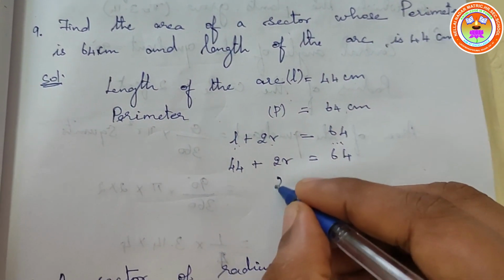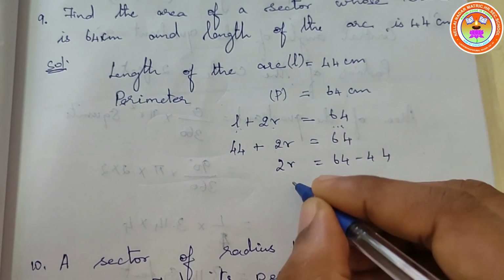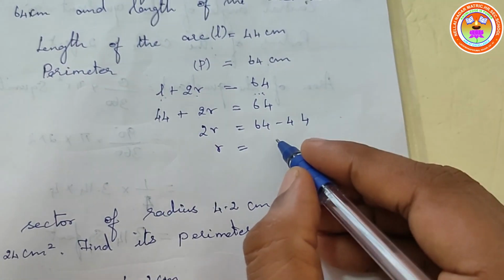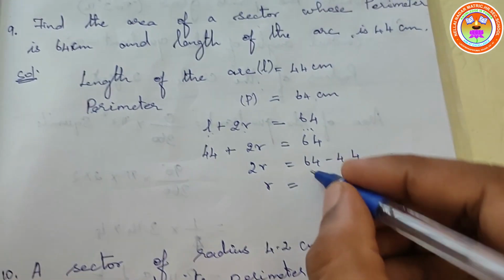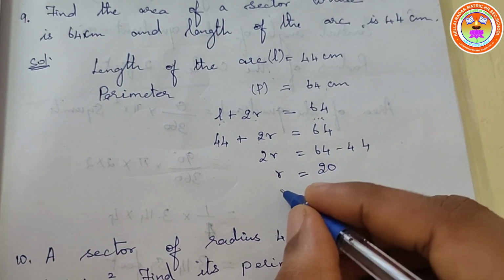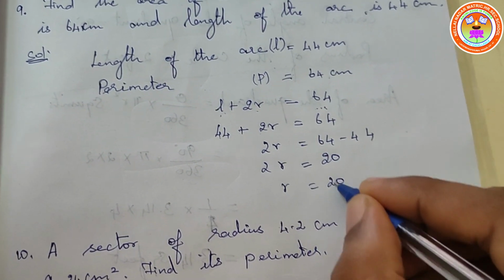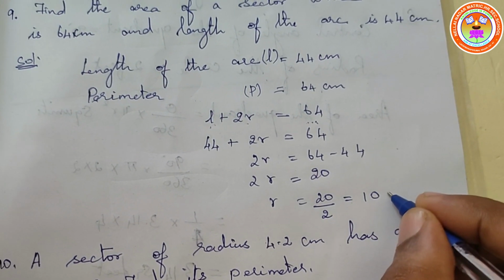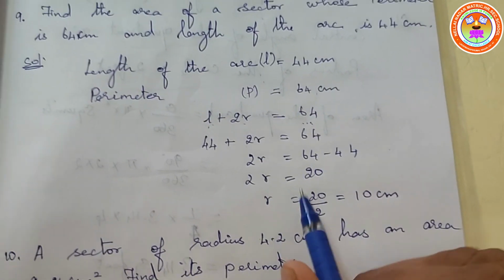If you substitute, 2R equal to 64 minus 44, which is 20. 2R is equal to 20, R is equal to 20 by 2, which is equal to 10 centimeter. We found the radius of the sector.